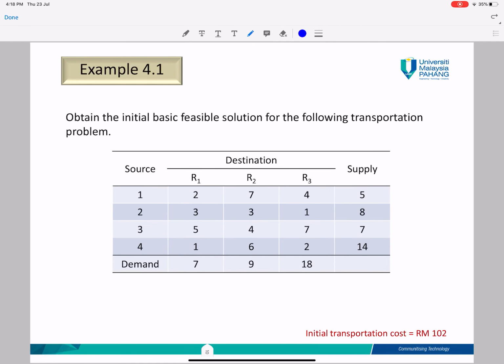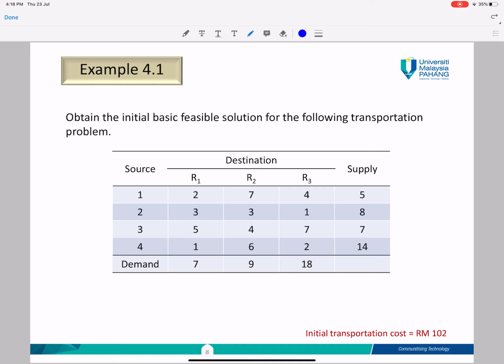Let us consider the first example, which is example 4.1. In this example, the question wants you to obtain the initial basic feasible solution for the following transportation problem. Note that when you are given a transportation problem, the data given to you usually will be in a form of a table or tableau as what you have in this example.